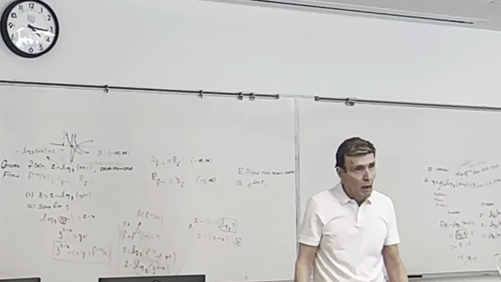Immediately. Try something right with it. Another example here. Maybe 3 raised to log, let's say base 4, of 10. Can I say automatically the answer in this case is 10?